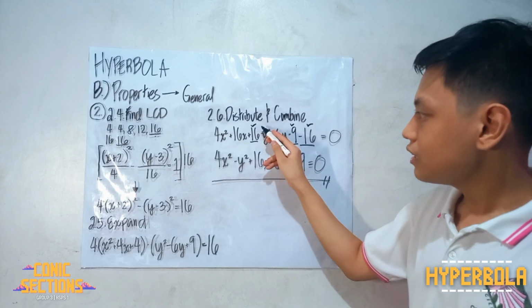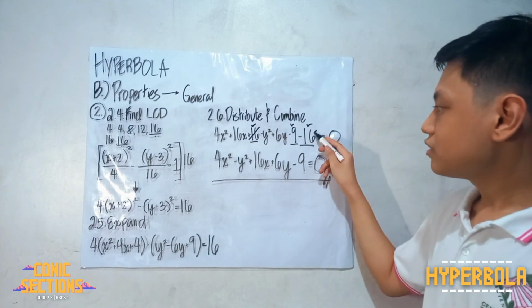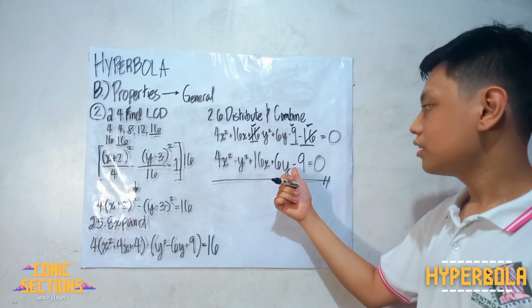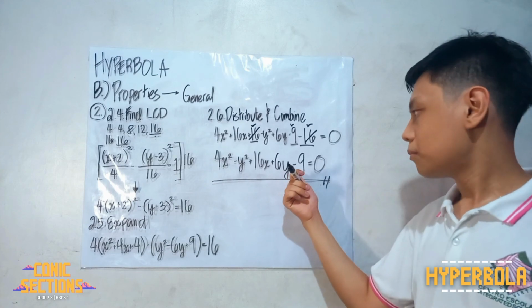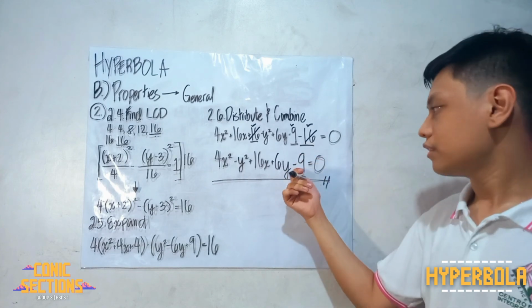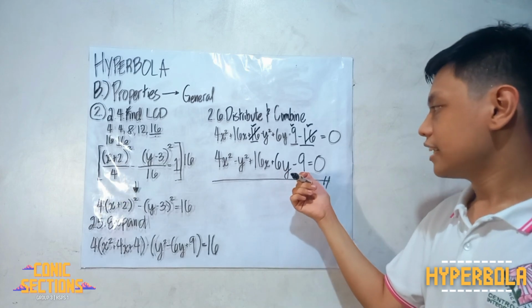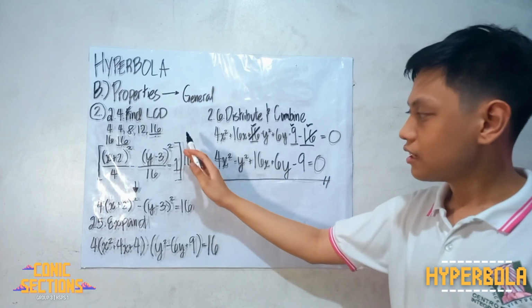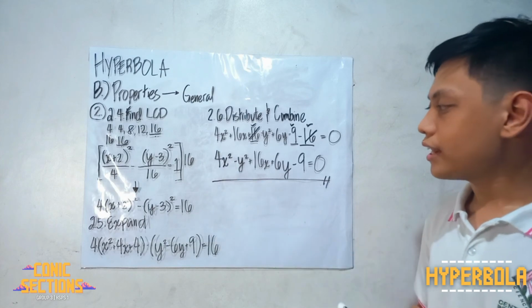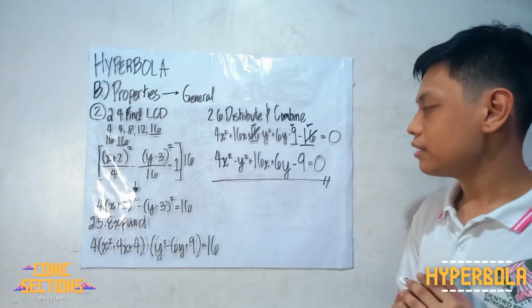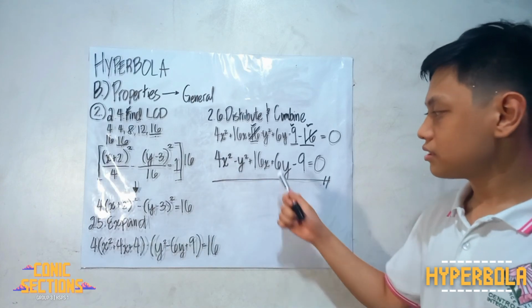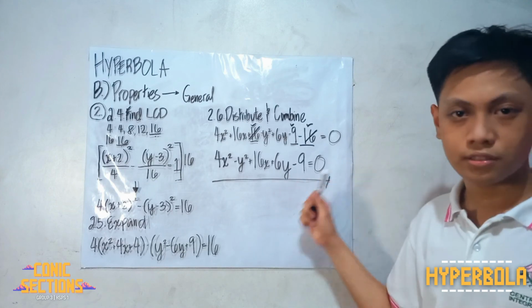So obviously, positive 16 and negative 16 cancel out, so we are left with a single numerical coefficient, which is negative 9. And thus, our general equation will be 4x squared minus y squared plus 16x plus 6y minus 9 equals 0.